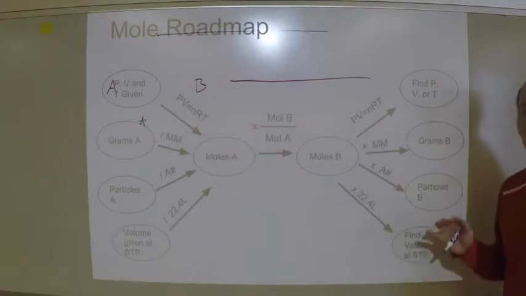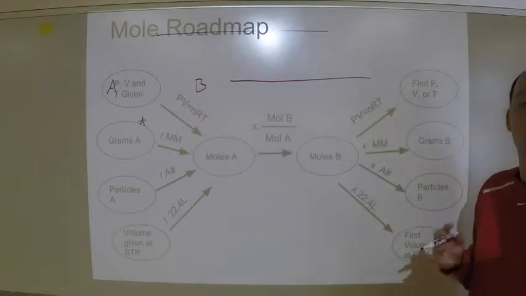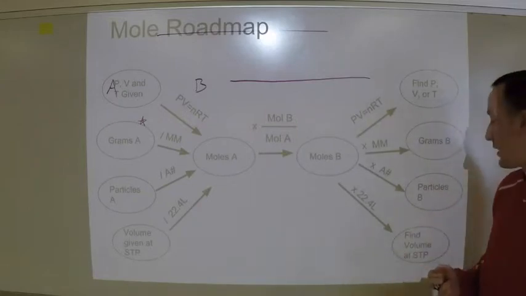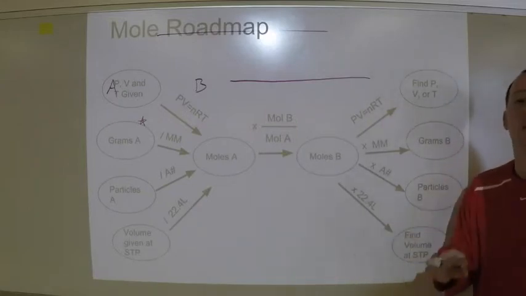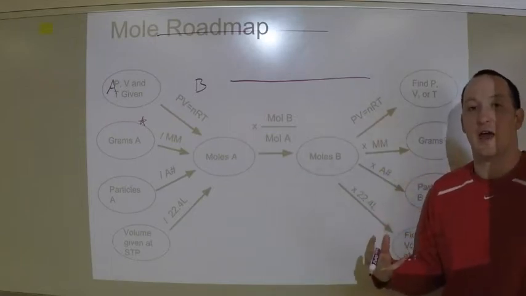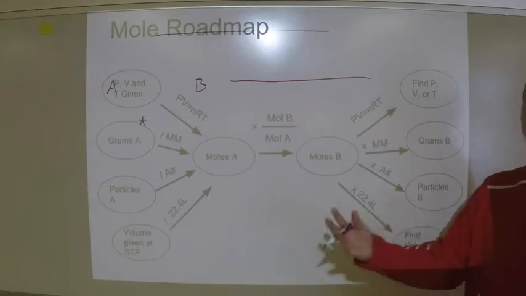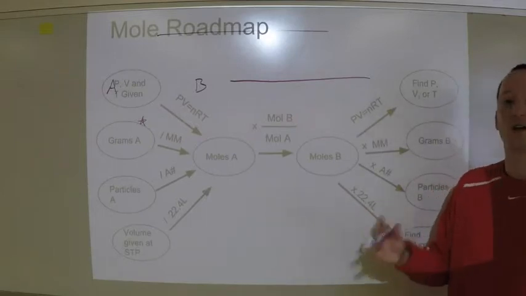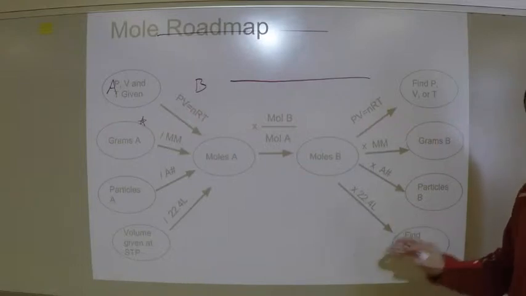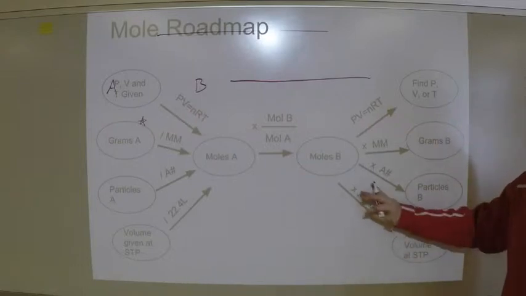STP stands for standard temperature and pressure. Standard temperature is 0 degrees Celsius, or 273 Kelvin, and 1 atmosphere. And we are not at those conditions anymore. Once we've started talking about gas laws, sometimes our conditions change, so we can't use this anymore.